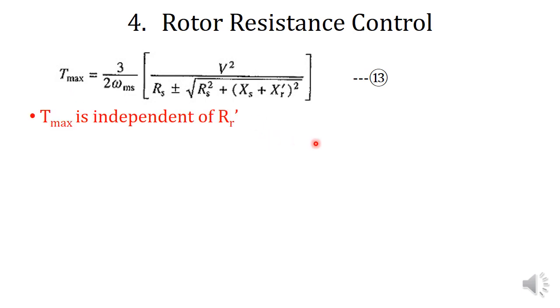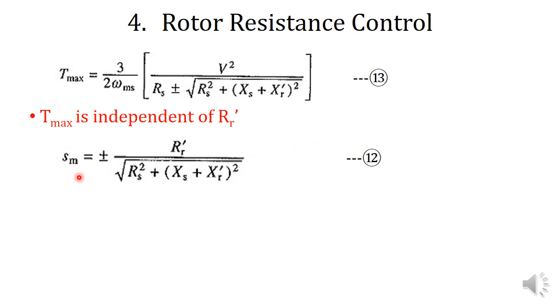Similarly, we have another equation, that is the slip at which maximum torque occurs, SM. In this equation, we have a term RR dash. That means that the slip at which maximum torque occurs is proportional to RR dash.